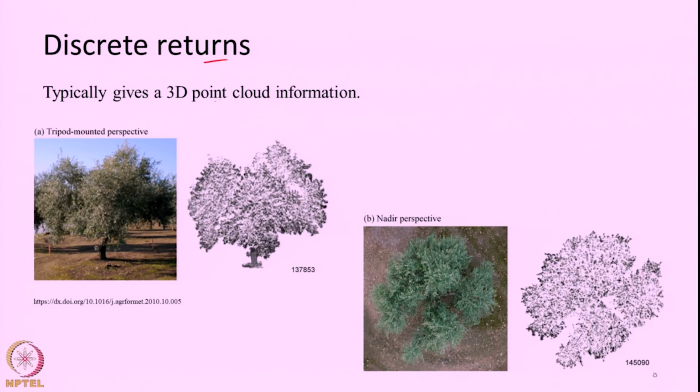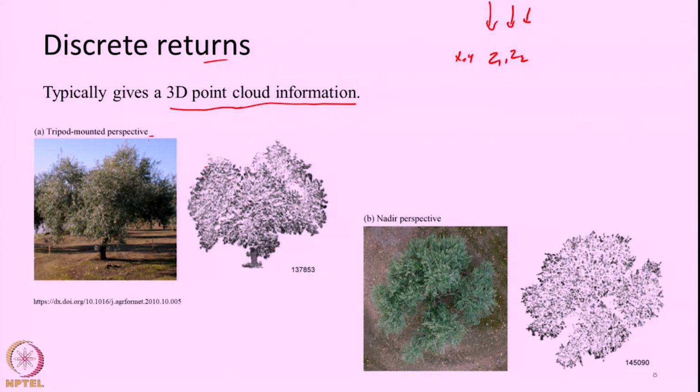So, a discrete return system will produce 3D point cloud information, that is for each xy you will have many z points if you are talking in terms of elevation measurement, or here if I talk in terms of a terrestrial perspective where you are measuring horizontal distances, say this is a tree, you have a large number of points that are being measured.